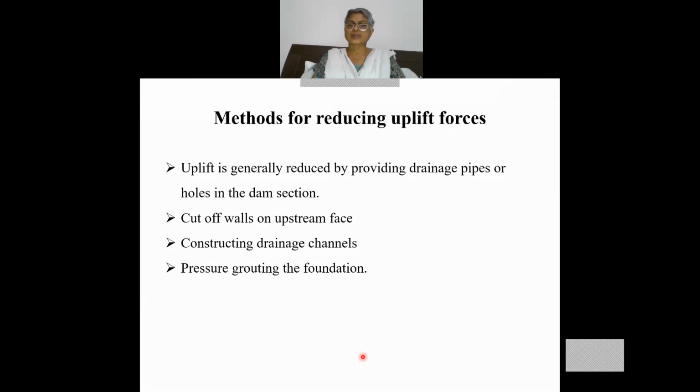So I told you this uplift force can be reduced. Methods for reducing the uplift forces: one is that it is generally reduced by providing drainage pipes or holes in the dam section, which I already showed you in the diagram, and cut-off walls on the upstream face. If you provide cut-off walls at the bottom of the upstream face, there won't be water head at the bottom.